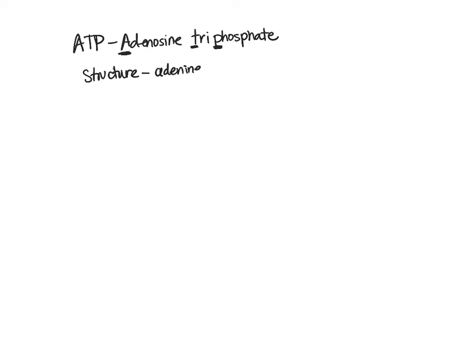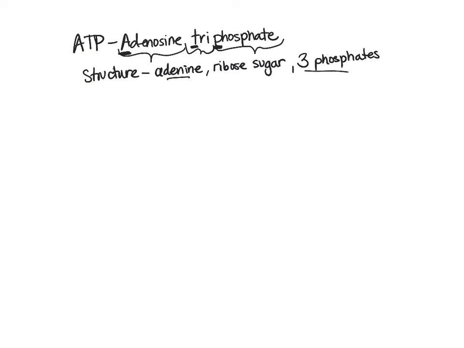So adenine, just like our other bases, the nitrogenous bases that we saw in both DNA and RNA. It has a ribose sugar. So not the deoxyribose, but specifically the ribose sugar. And then it has 3 phosphates. And that's why we have the tri here, 3 phosphates. So adenosine is related to the adenine, and then our 3 phosphates.